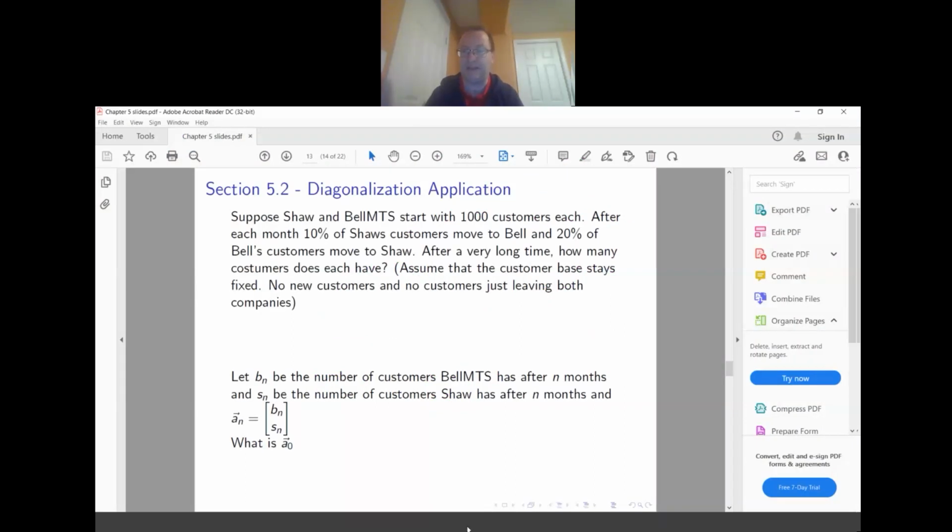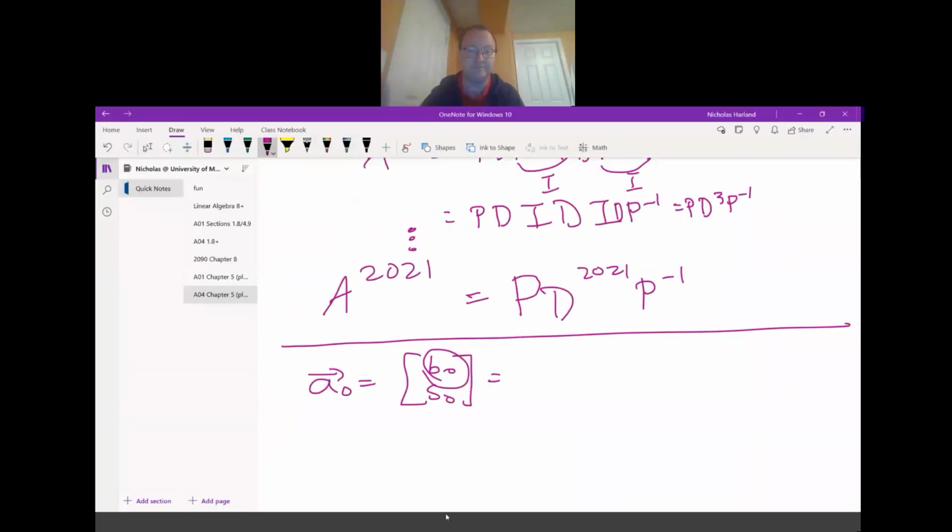N is standing for the number of months. So B0 is talking about how many customers Bell has at 0 months. In other words, how many they start with. So B0 is how many Bell starts with. S0 is how much Shaw starts with. And how many do they each start with?